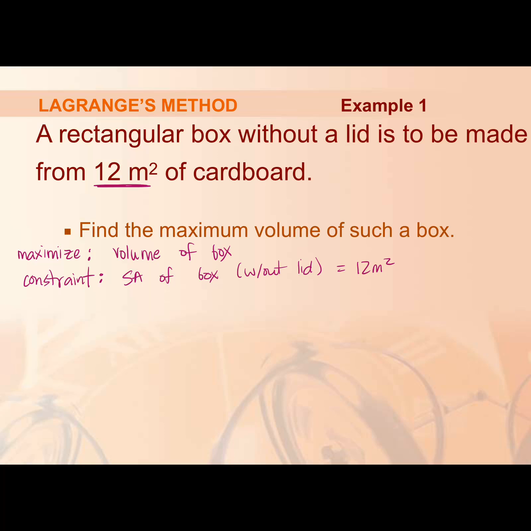Now we need to translate this into formulas that we can actually analyze, where we can perform calculus. For the volume of a box, let's have volume equals length times width times height.